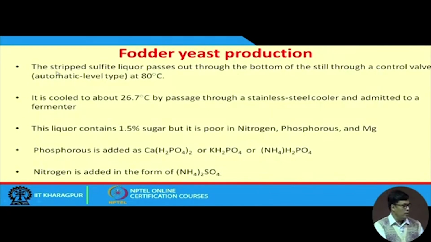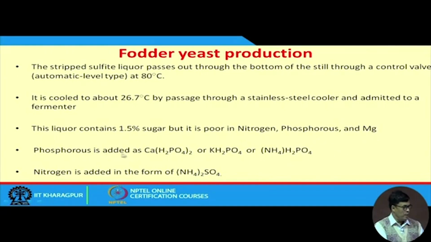Now the stripped sulfite liquor passes through the bottom of the still through the automatic level type control valve at 80 degrees centigrade. It is cooled to about 26.7 degrees centigrade by passage through the stainless steel coolers and admitted to the fermenter, and then the liquor contains 1.5% sugar, but it is poor in nitrogen, phosphorus and magnesium content.